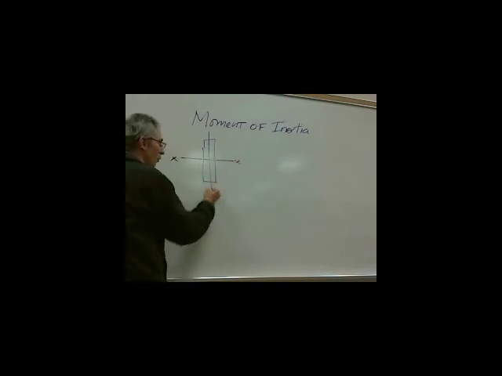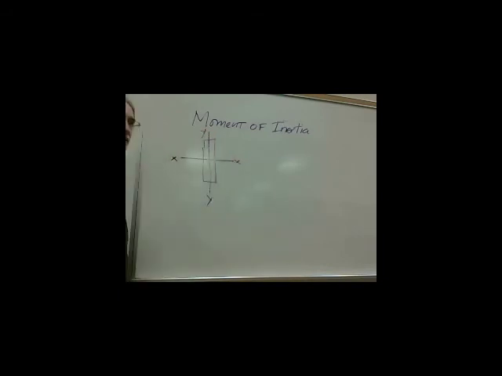Let's call this the y-axis. You're going to find out that when you bend it about the x-axis, the moment of inertia about the x-axis is much, much larger than the moment of inertia about the y-axis.